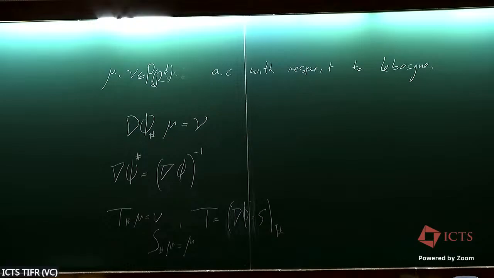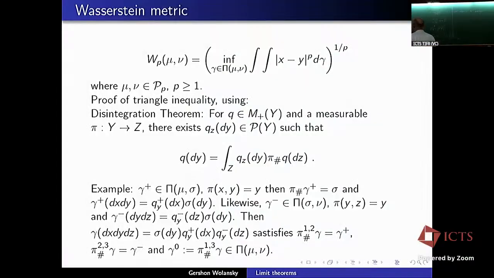Okay, so let us continue from here. Now this is the time we can define this object, which is called the Wasserstein metric. We define it as the Kantorovich distance with respect to the cost |x - y|^p, and we take the p-th root of this.